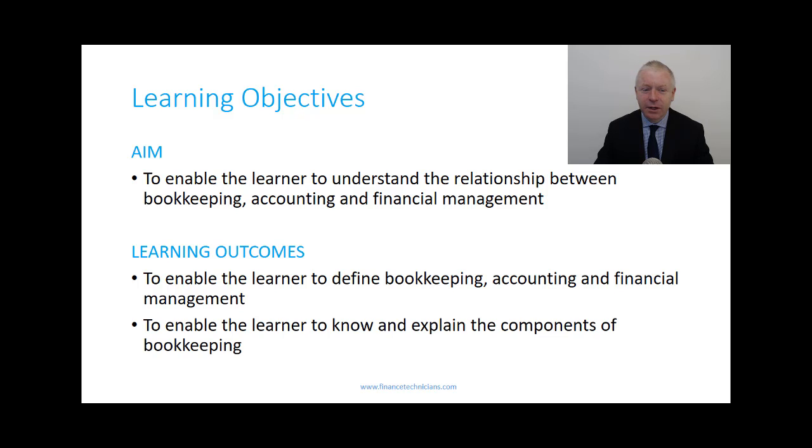And then we're going to look at the ability to enable the learner to know and explain the components of bookkeeping. So in relation to bookkeeping, there's a certain set structure to it, and you have to be fully aware of what that structure is to fully understand how to utilize it and to operate a bookkeeping system. So those are our aim and our learning objectives for this particular lecture.